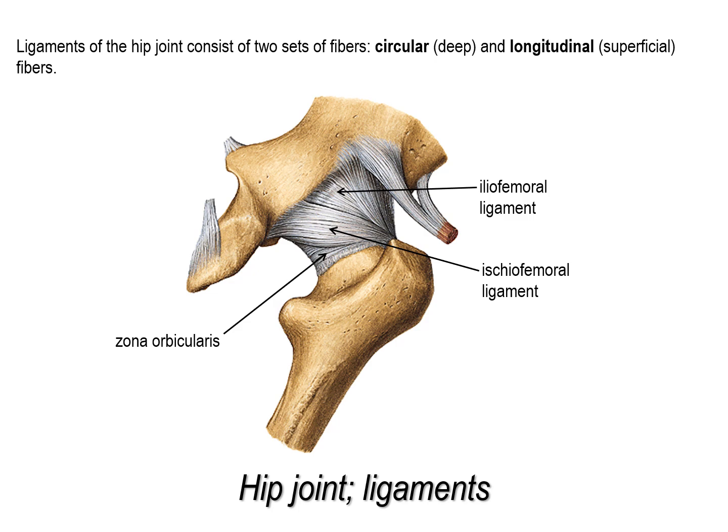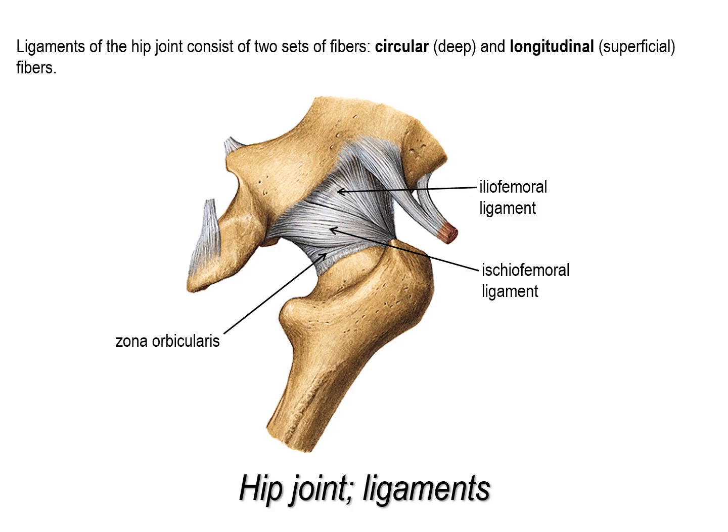Besides the intra-articular ligaments, ligaments of the hip joint consist of two sets of fibers, circular or deep and longitudinal or superficial fibers. The circular or deep fibers surround the femoral neck and form a structure named zona orbicularis.